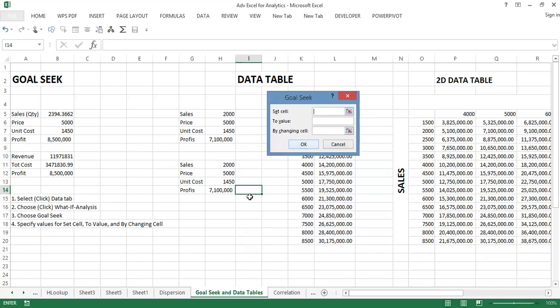Then click the cell where you want the 10 million to be. Then go to the next box, asking To value. The value will be 10 million. By changing what cell? By changing the sales value cell, which is this one. Click on the 2000 there. Okay, click OK.